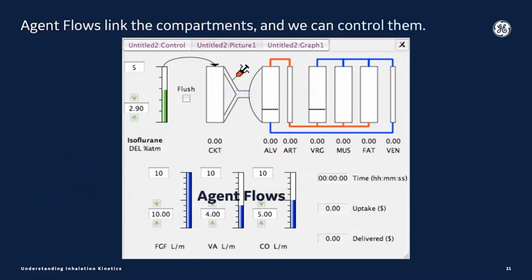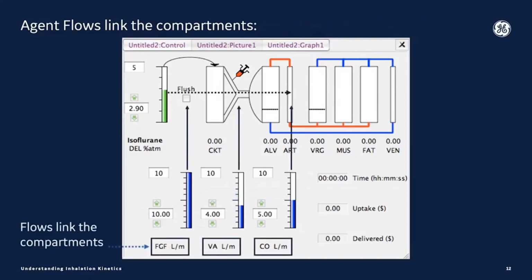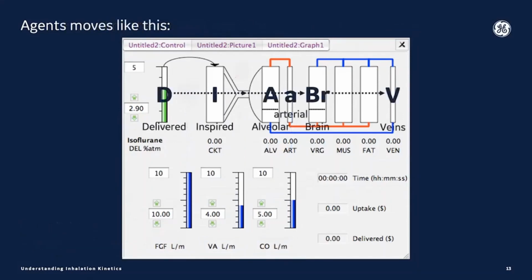We have the agent flows along the bottom: fresh gas flow, alveolar ventilation, and cardiac output. They are the flows that link the compartments with each other. Those flows conduct as we show here. An anesthetic goes from the delivered concentration with delivered tension to inspired tension, to alveolar tension, to arterial tension, and then to the brain in the vessel-rich group, to muscle, to fat, and then into venous blood.